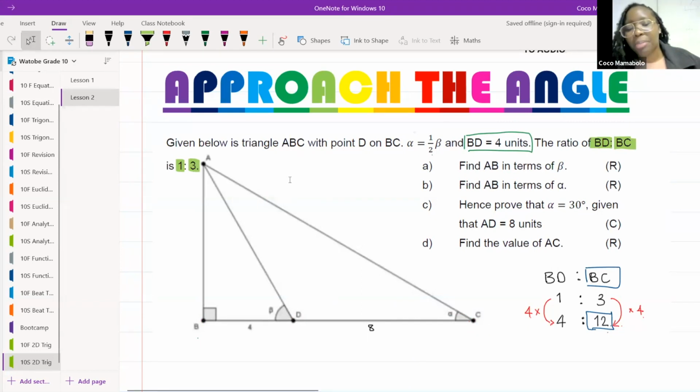Now let's look at some of these questions. I want you guys to bear in mind, we don't have that much information. Do we have any actual angle over here? Any angle? We have a 90-degree angle. Anything else?